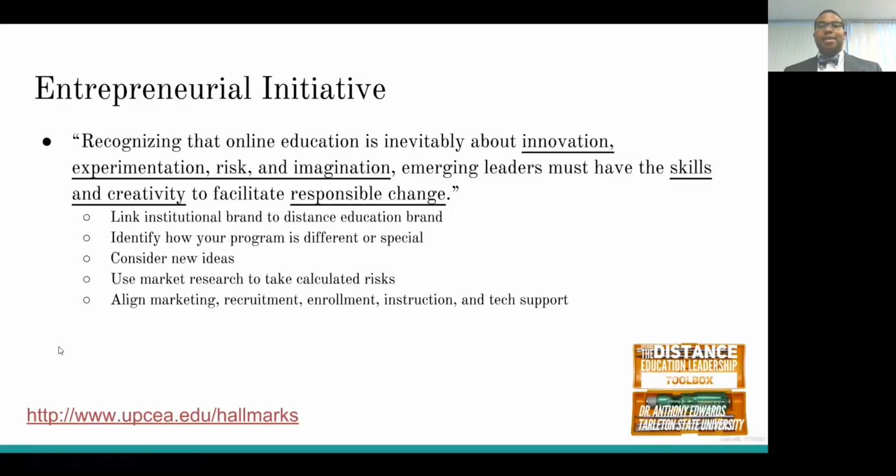Considering new ideas. Sometimes it's easy to do what you've always done and run on autopilot and say, every semester, this many days before the semester starts, we do this, and when the semester starts, we do that, and then 30 days later, we do something else, and then we turn on classes, we turn off classes, all those types of things.